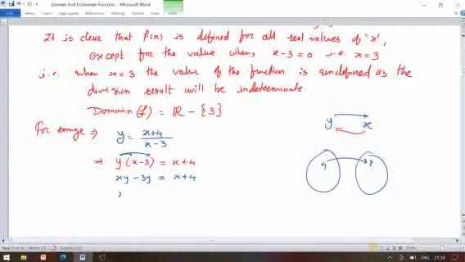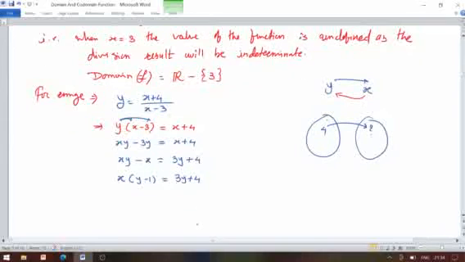So we collect all variables of x towards the LHS while keeping all constants and variables of y towards the RHS. Taking x common from the LHS, we remain with y minus 1 in the bracket and 3y plus 4. So for finding the value of variable x in terms of y, shift y minus 1 from LHS to RHS, and it becomes x equals 3y plus 4 divided by y minus 1.